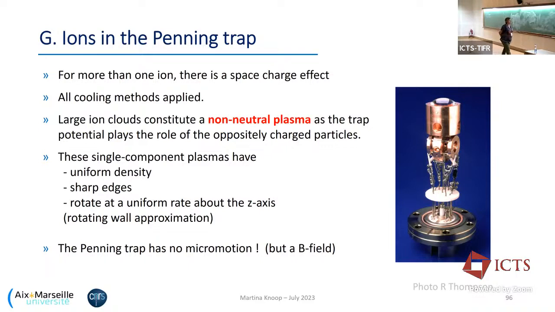In Penning traps, all cooling methods are applied, okay? When I say all cooling methods, there are many people who are using buffer gas cooling. There are many people who are using laser cooling, but laser cooling in a Penning trap is a bit more tricky than in a Paul trap because of the orbits, which do sometimes behave counterintuitively due to the coupling.